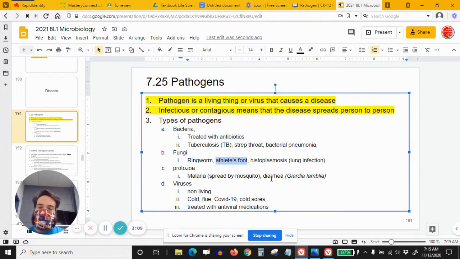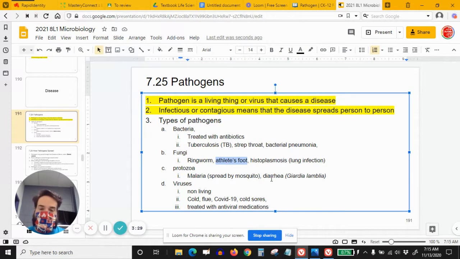Protozoa. Okay. Malaria is spread by mosquito, but it is caused by a protozoa. The mosquito is the vector that carries the malaria from one place to another, one person to another. But the protozoa is what causes malaria.